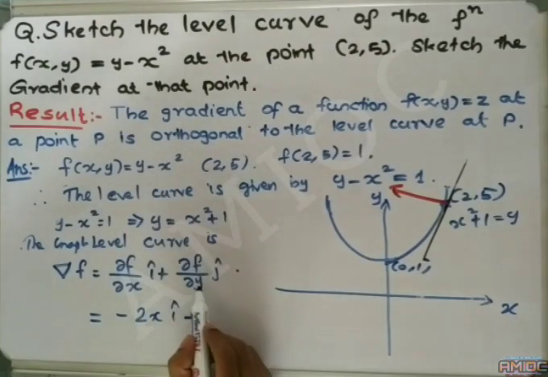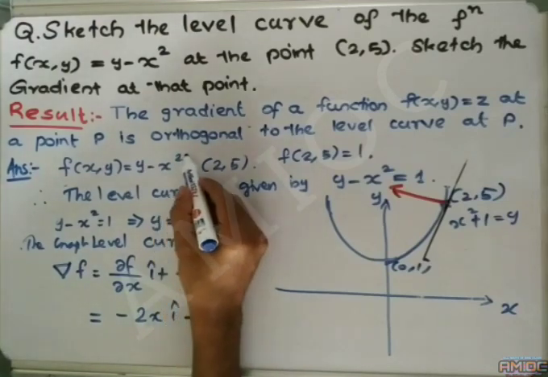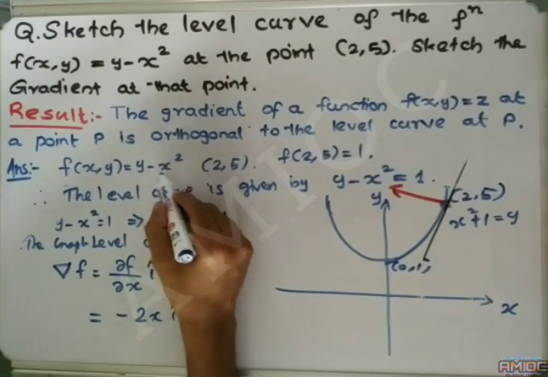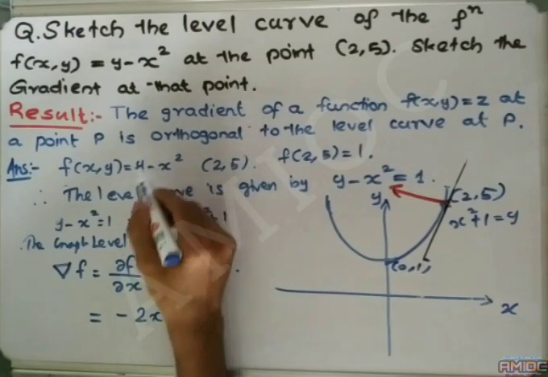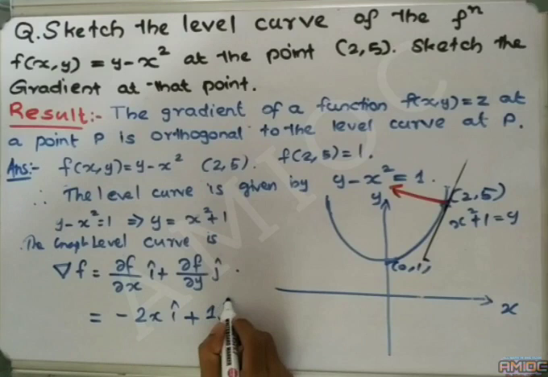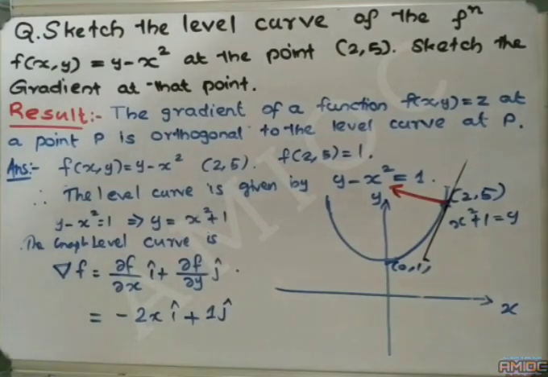When taking the derivative with respect to y, we can treat x square as a constant, so the derivative of minus x square is 0 and the derivative of y is 1, times j cap. Now we have to evaluate the gradient vector at the point 2,5.